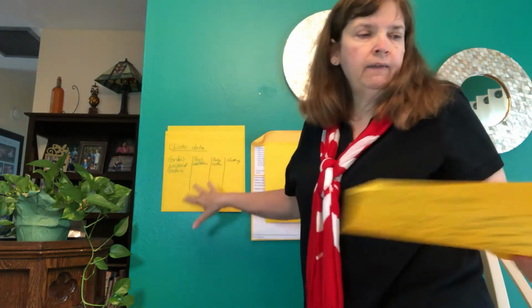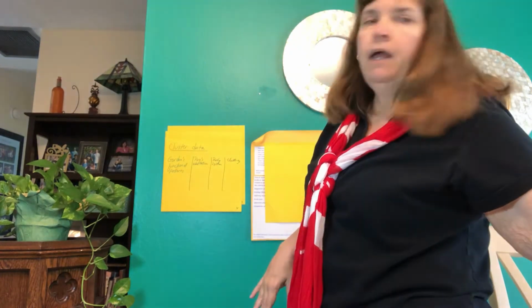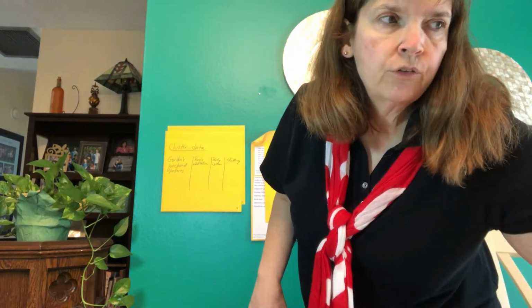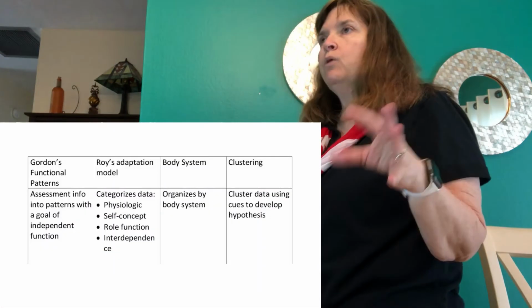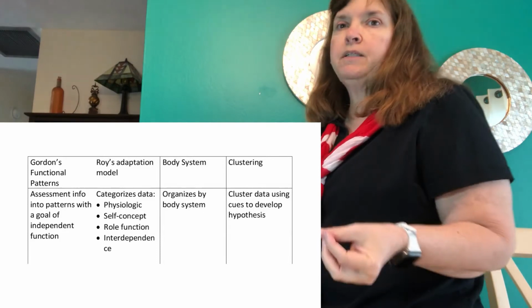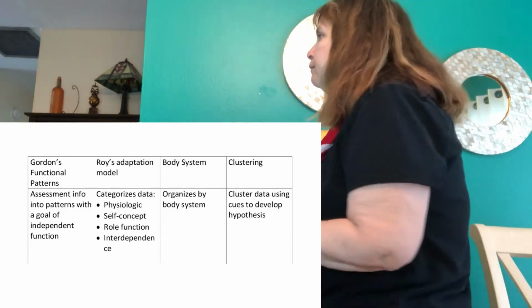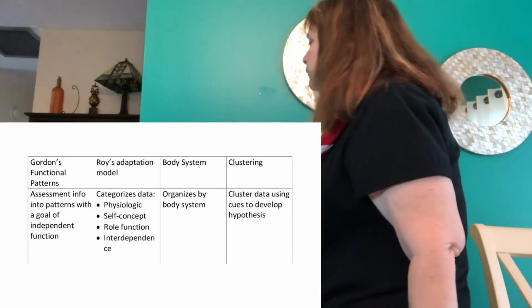We take the assessment findings and we cluster our data. There are different ways that we cluster data. One of those is Gordon's functional patterns, and what Gordon looks at is basically their ability to perform the task independently, independent of care, and how we get them back to their prior level.